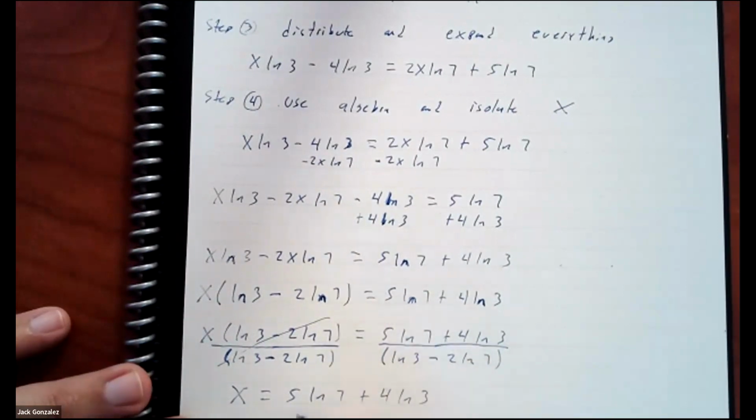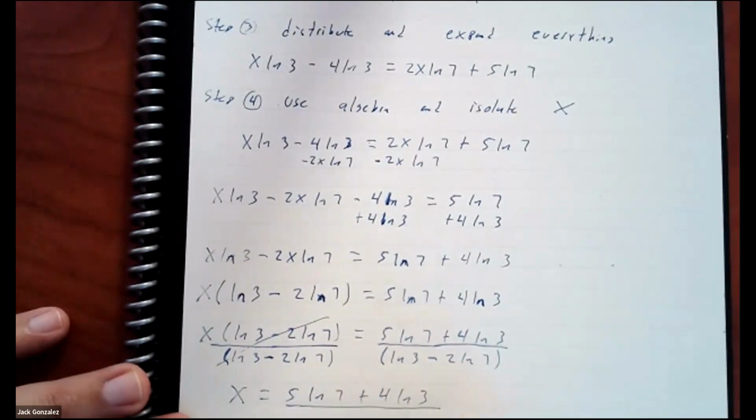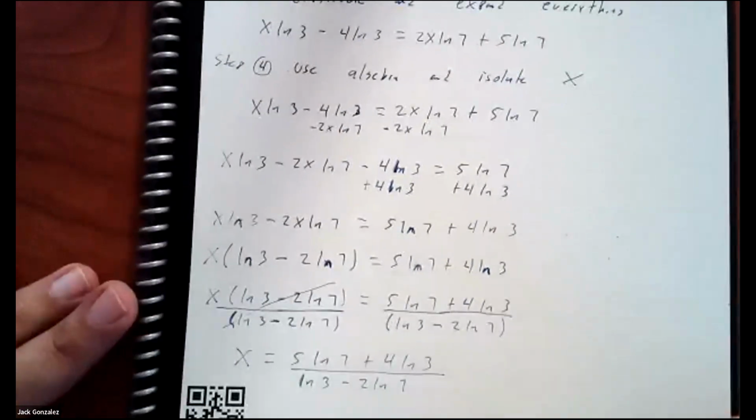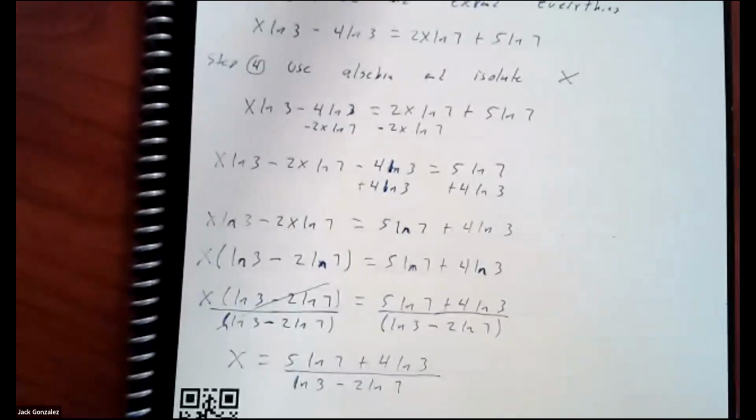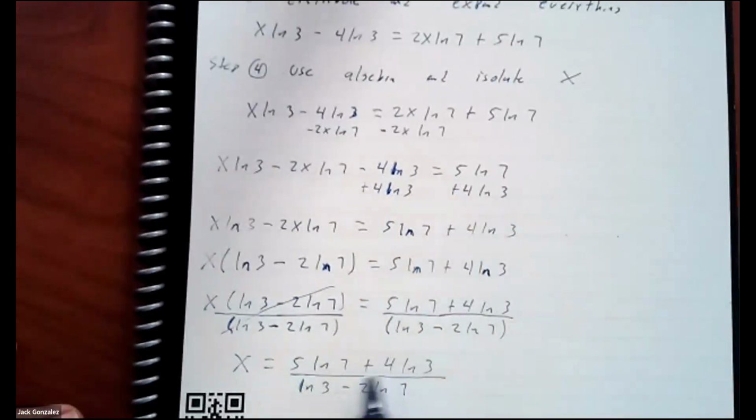And whatever this is, is your answer. Some decimal number nobody cares about. This would be your exact solution. If they ask you to round, then punch it into your machine.